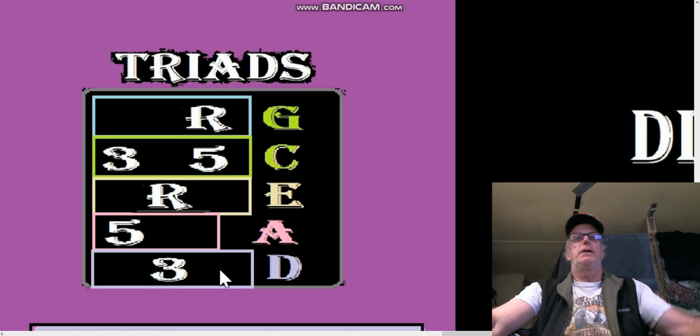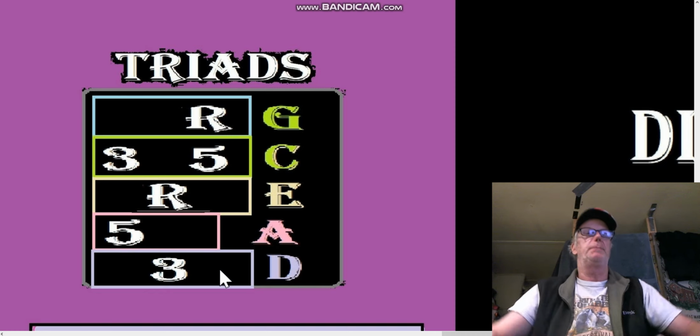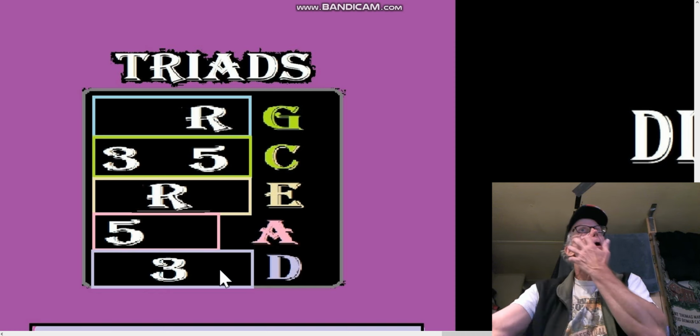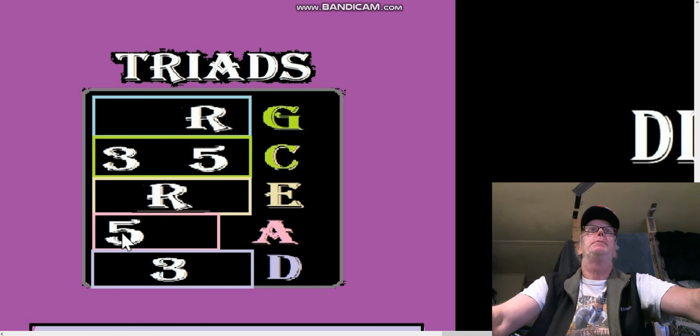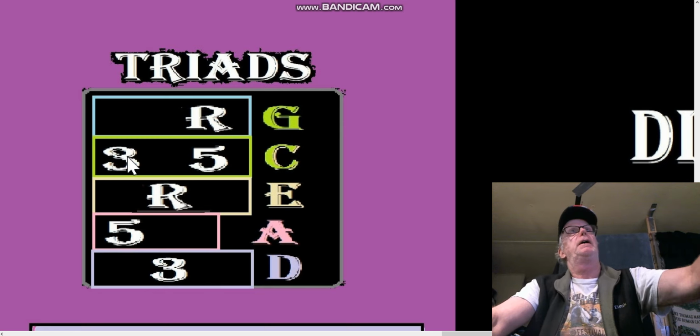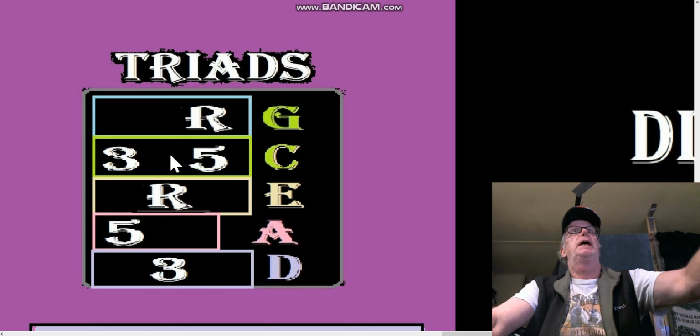And I showed you on the Facebook thing how I would do it in raw type. Just a dash is a no play. So D is going to be dash dash 3 dash. 5 would be 5 dash. E would be, now we've got 7 root 2, so it would be dash root dash dash. 3 would be obviously 3, 4, 4 sharp 5, so we've got 3 dash dash 5.